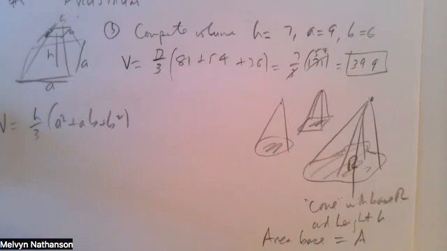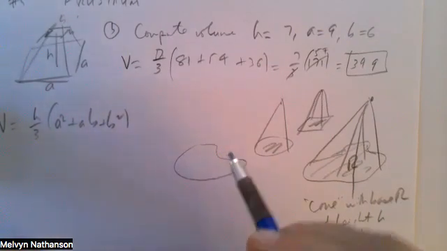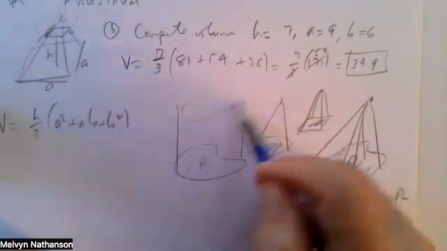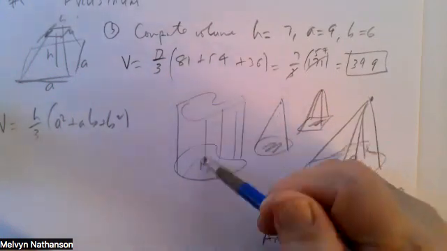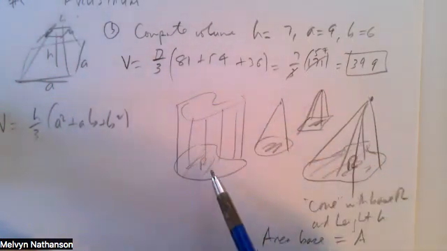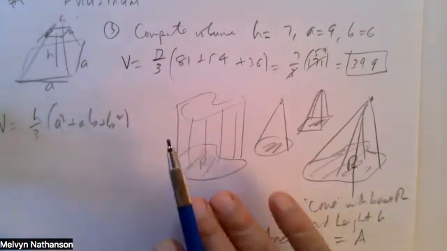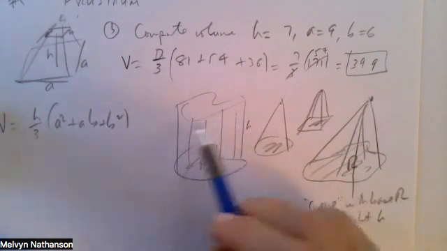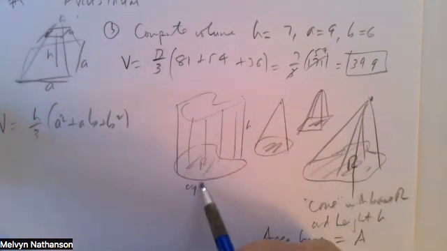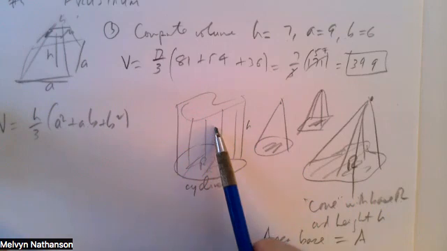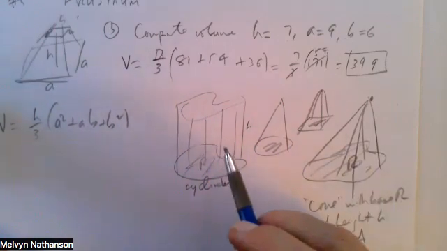let's say you constructed what we call the cylinder. So you take some region in the plane and you just construct a cylinder over it. So it's just as if you took this region R that's in the base and you lift it a height h, and you have this cylinder. So associated with any region in the plane, you can construct the cylinder or you can construct the cone.